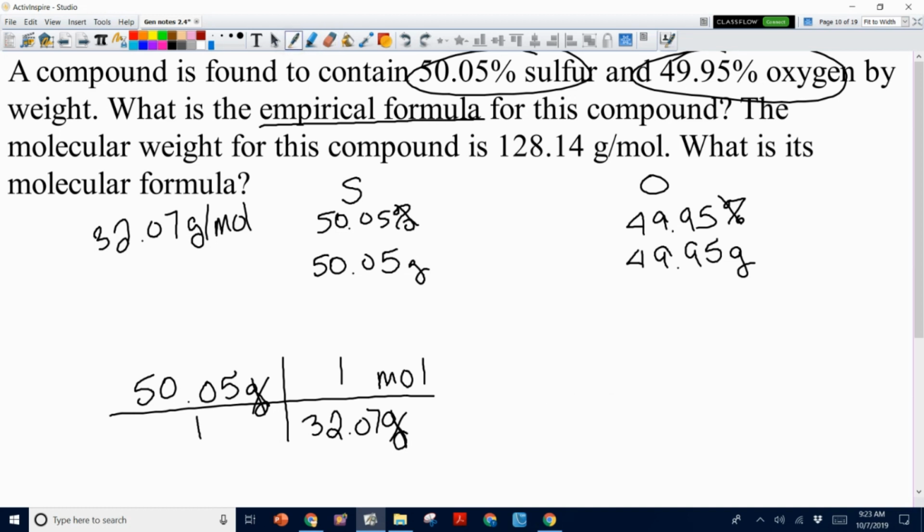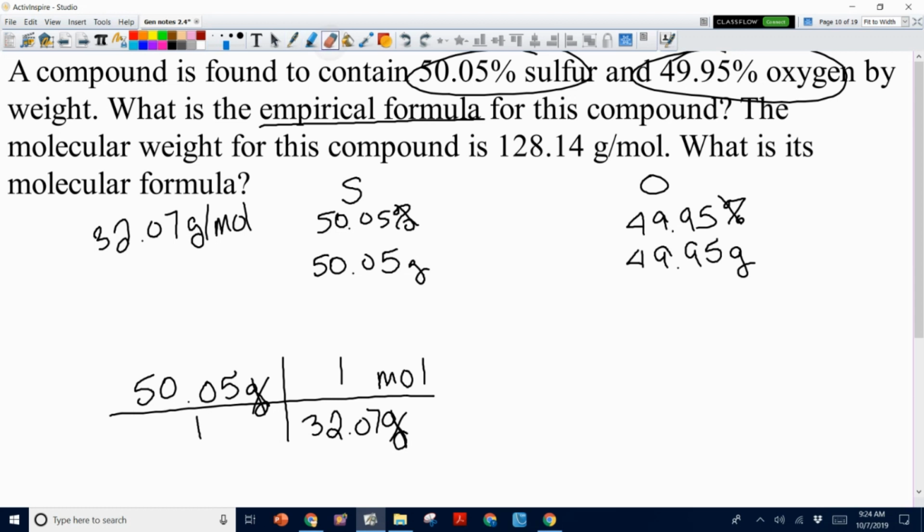So it's 50.05 divided by 32.07. That's going to give us, when we write out this whole thing, a big number.